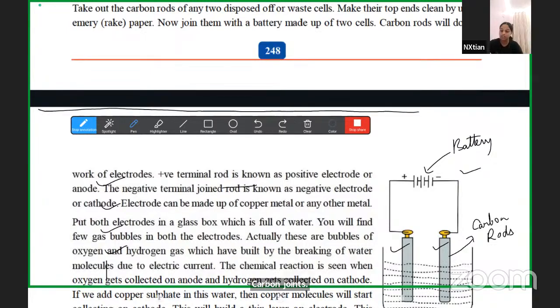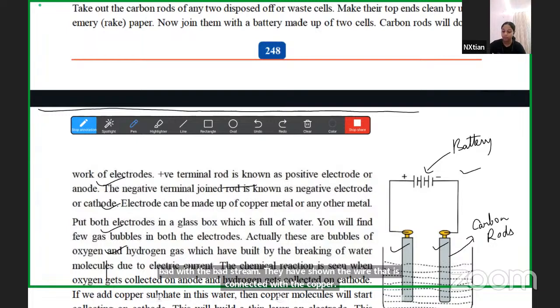Now they have joined a wire to it. With the battery, they have joined a wire that is connected with the copper rod. So they have two terminals.